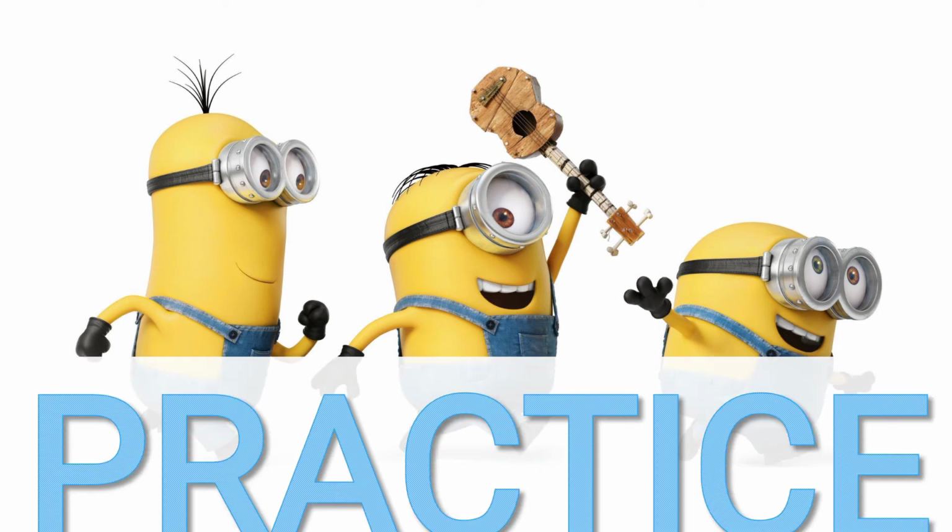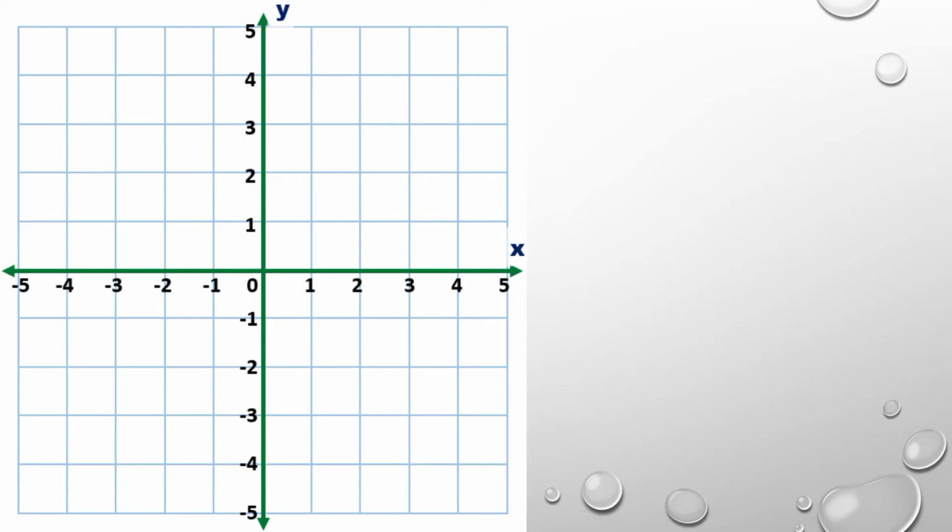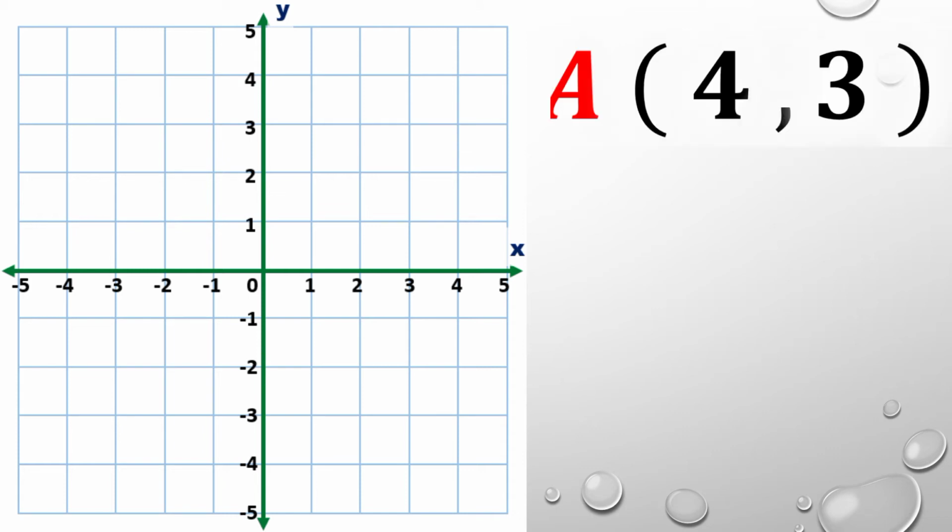Okay, let's do the practice. Let's plot or locate the ordered pair 4, 3. 4, 3 has a name of point A. So where can we locate the point A having 4 as the x coordinate and 3 as the y coordinate?